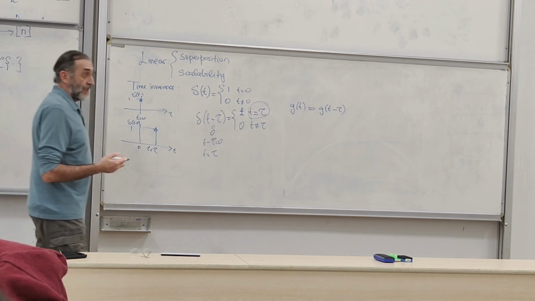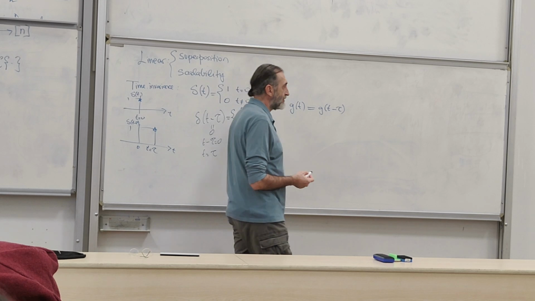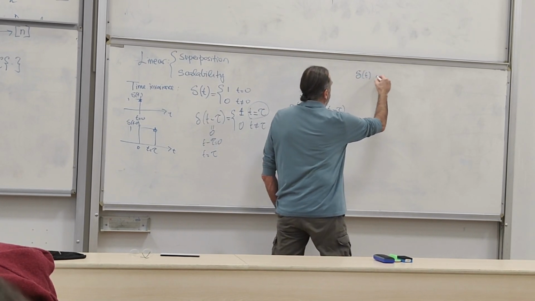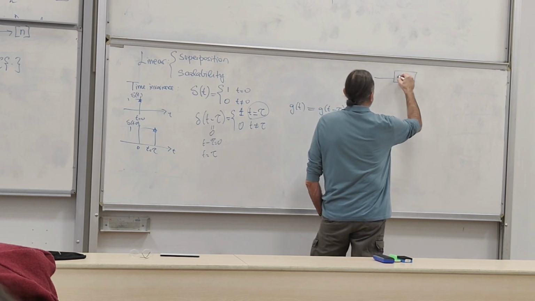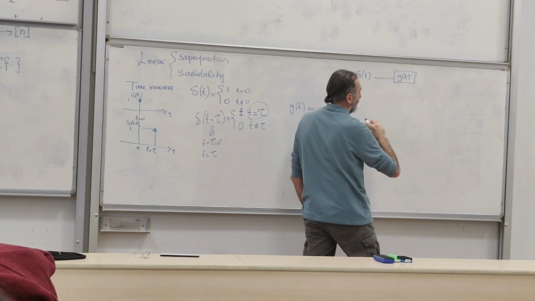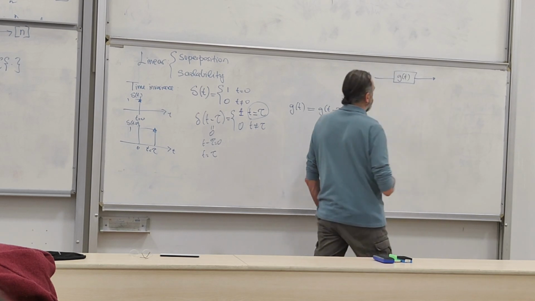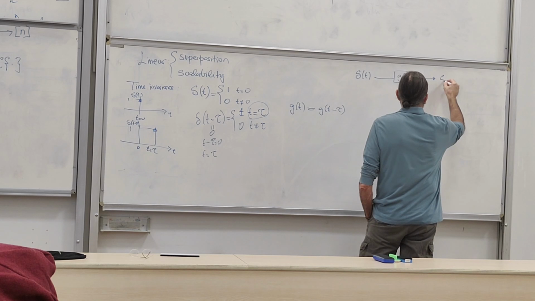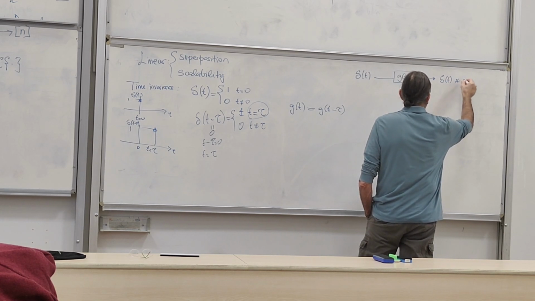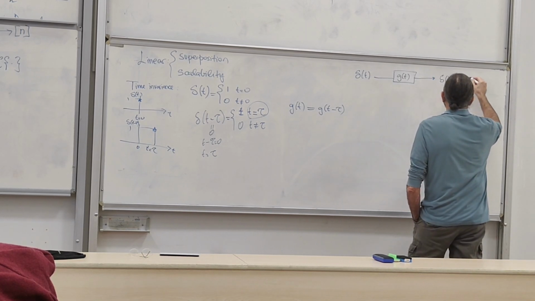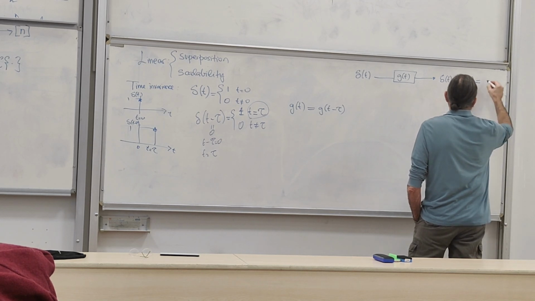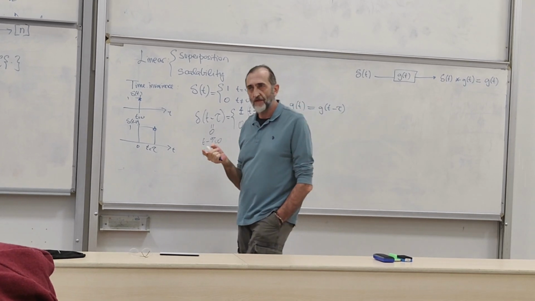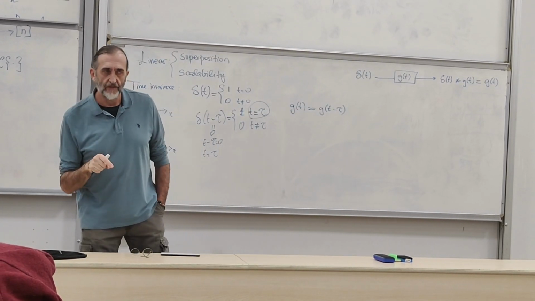The other thing is, if I have delta of t going into a system G of t, then the response of the system is given by the system itself. Delta of t combined with G of t is going to be equal to G of t. That's the property of the impulse input.